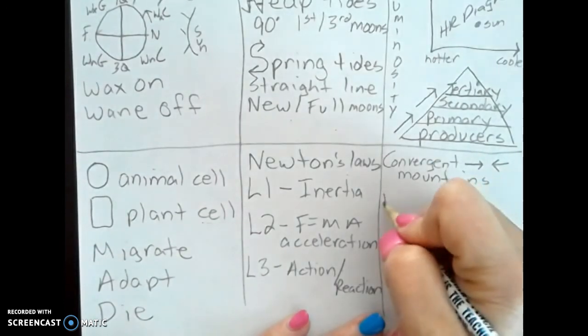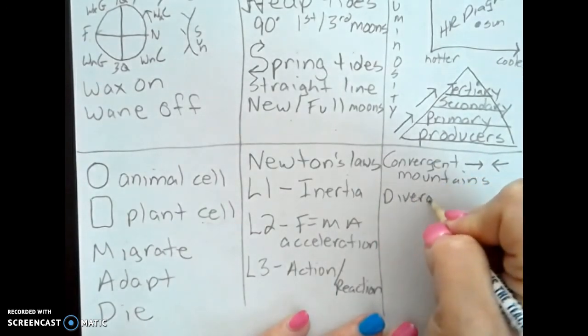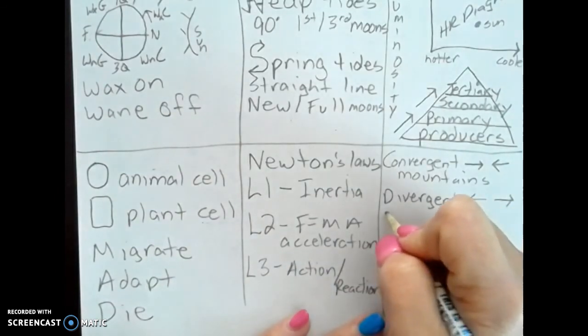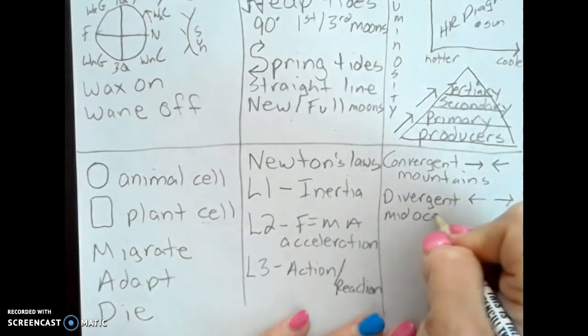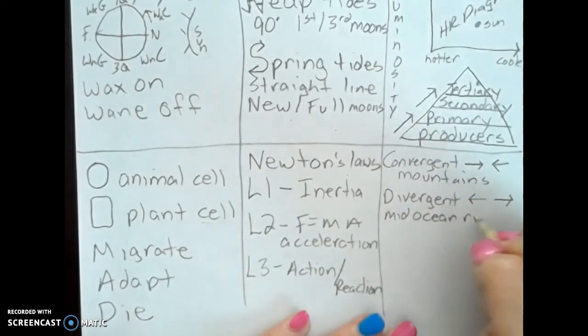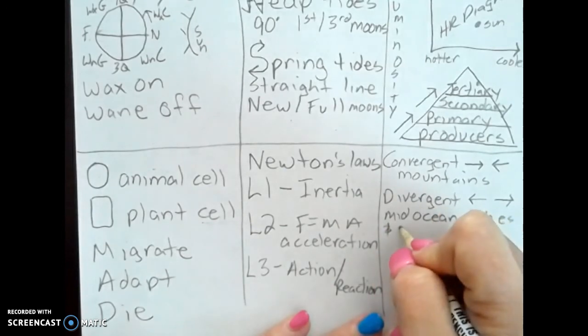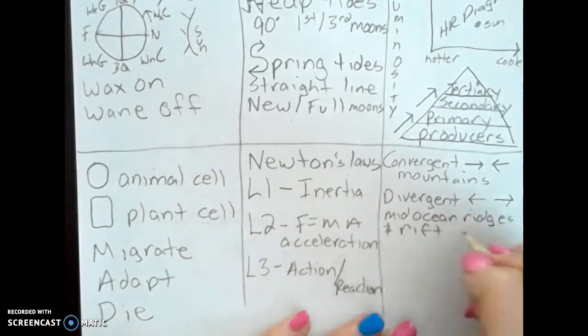And then we have divergent. Divergent means divide apart. So they pull away from each other, and they create mid-ocean ridges, and they create rift valleys.